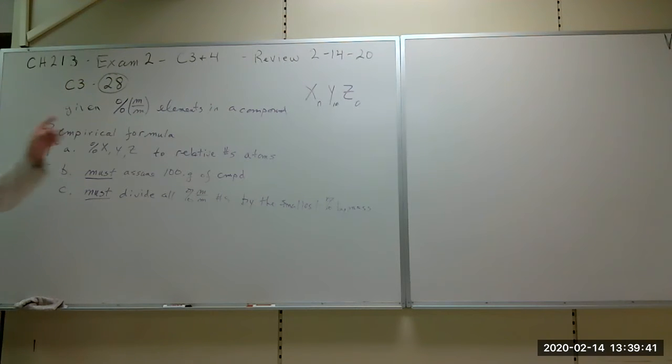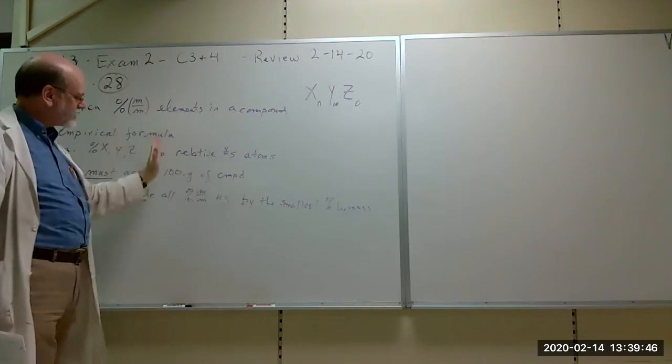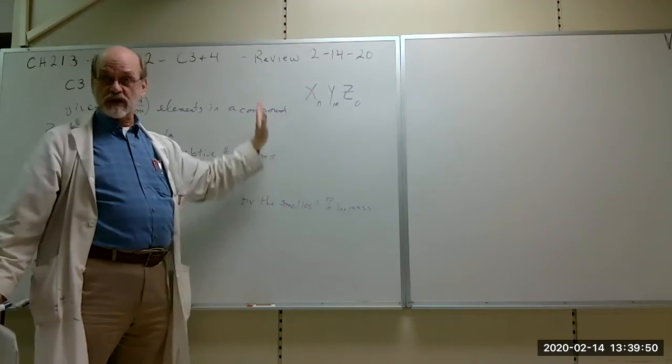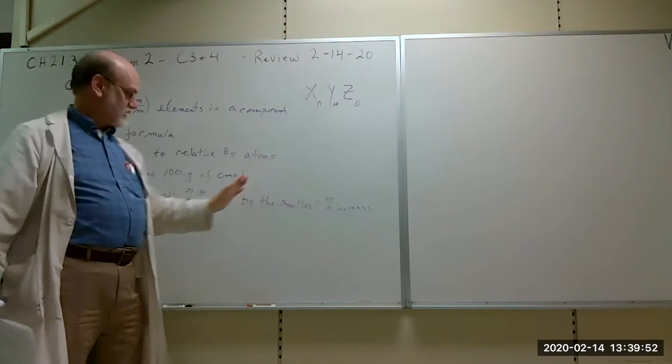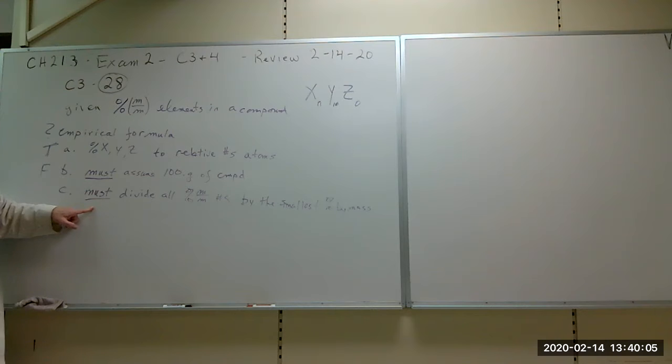Right? You have mass by mass, your percent, then you convert to mass, then you convert the mass to moles, then you start reducing the ratio to whole numbers. So this should be must divide, well, actually you don't have to. It's just convenient. Divide the number of moles of the smallest one into everything. And that makes the smallest one 1, and the rest of them are some other numbers.